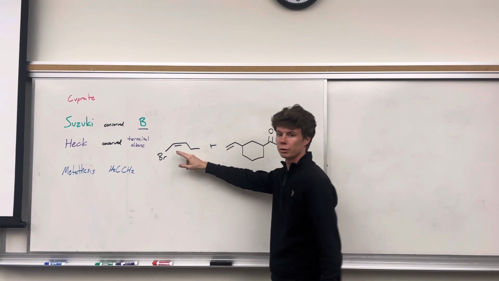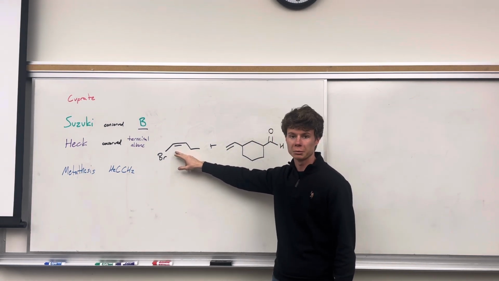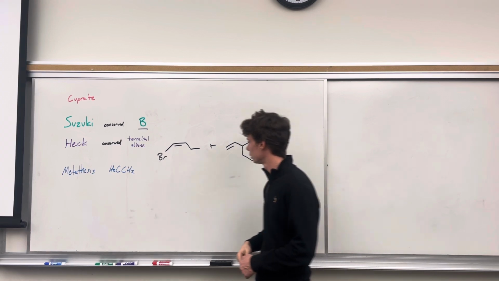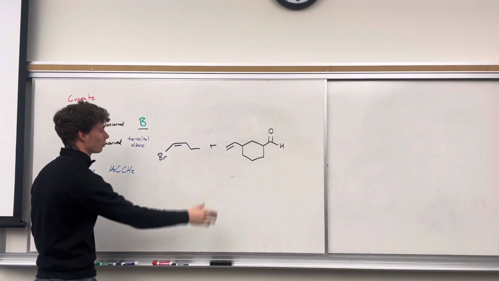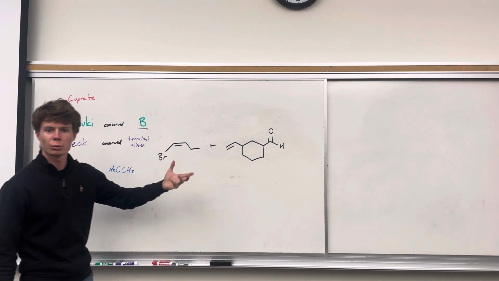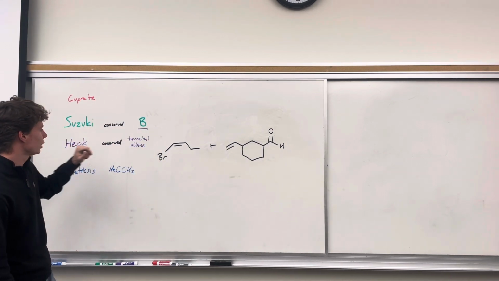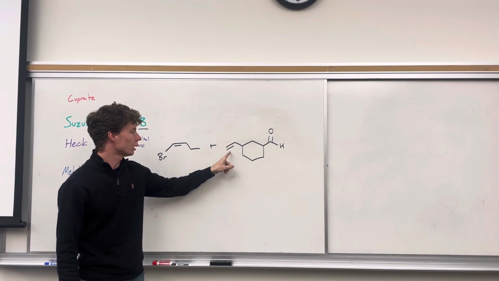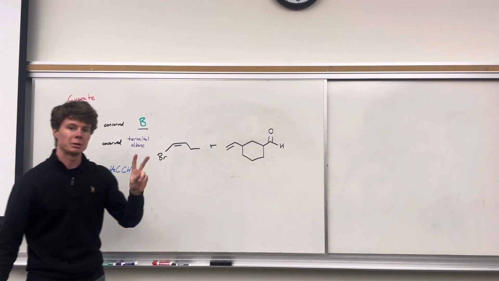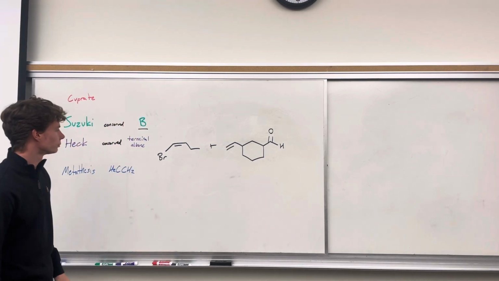So here I notice I have Z conformation with my leaving group, so that should stay conserved. I have a terminal alkene here. I should expect that in Heck. So boron was our determining factor for Suzuki. One terminal alkene will be our determining factor for Heck. And when we get to metathesis, that will be two terminal alkenes.